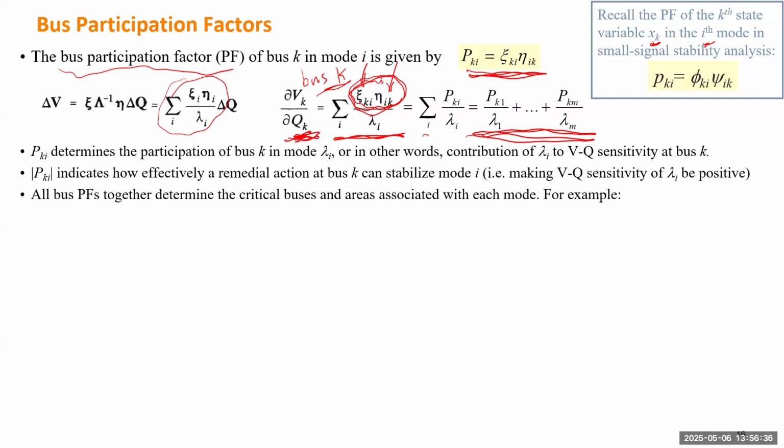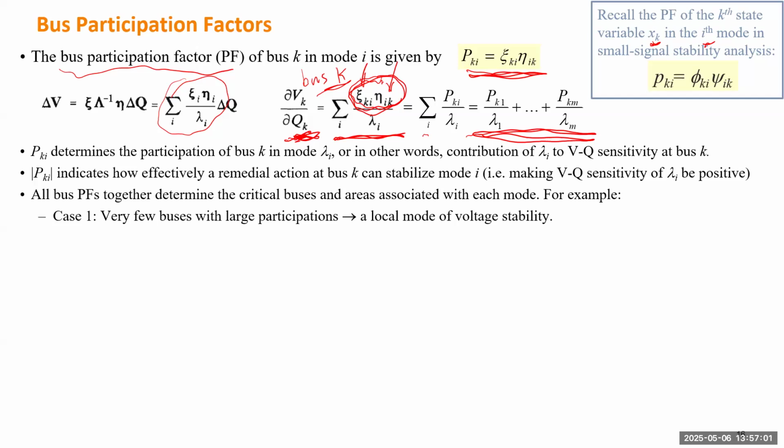So all bus participation factors of the system together determine maybe some critical buses or areas associated with each mode. For instance, in case one, when you solve all the eigenvalues and calculate the participation factors for all buses, you'll find very few buses have very large participation factor.